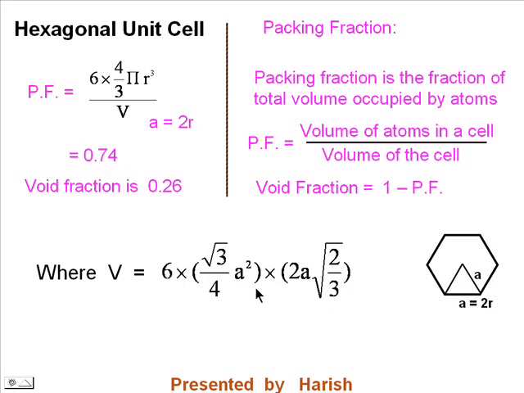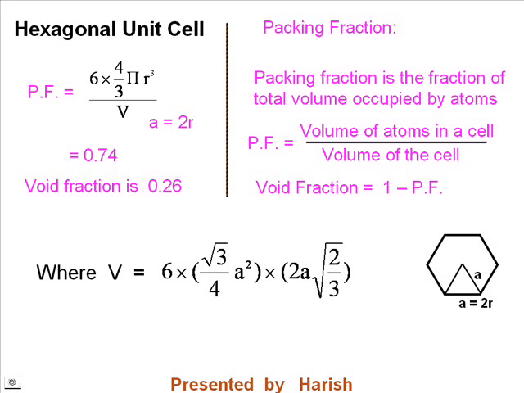So this is one thing you might have noticed by now. A lot of things are similar for hexagonal unit cell and FCC. What was the coordination number in FCC? That was 12, and coordination number for hexagonal unit cell is also 12. Packing fraction is 0.74 for both of them. So there are some similarities.